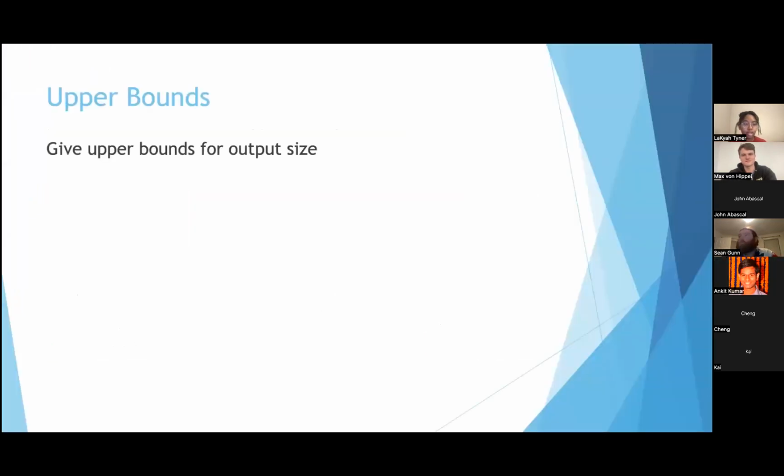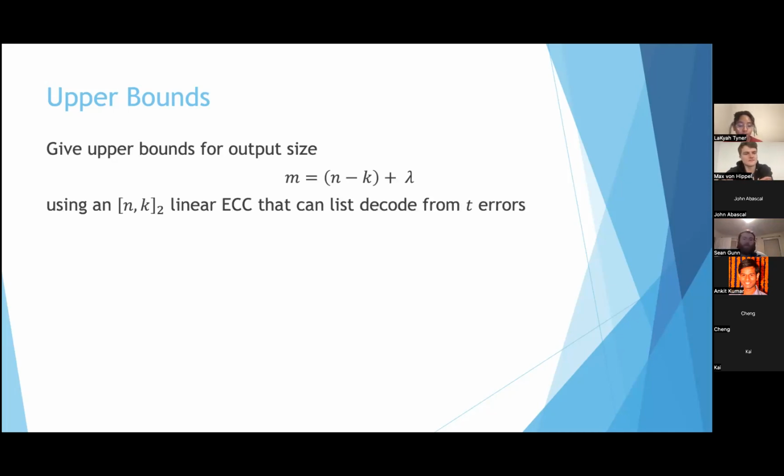Okay, so in our paper, we write a few corollaries that give upper bounds for our output size, which is of the form m equals n minus k plus lambda. We do this using an (n, k) error correcting code which can list decode up to T errors. As I mentioned earlier, we only have inefficient codes that meet our Hamming bound.